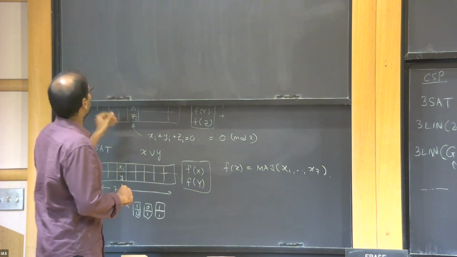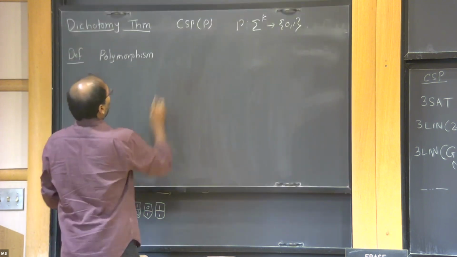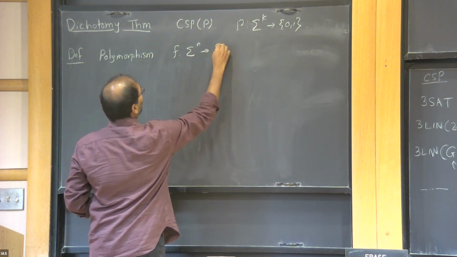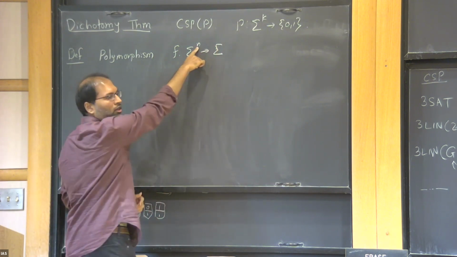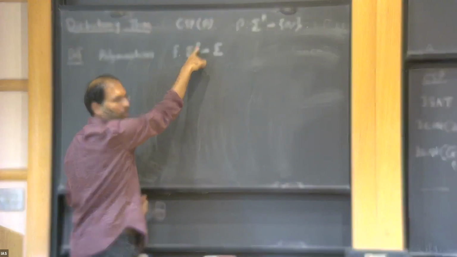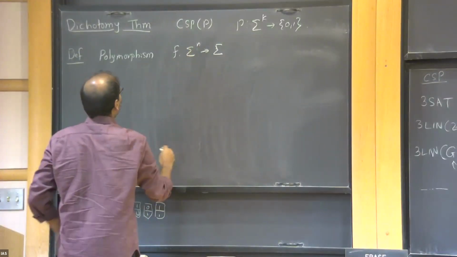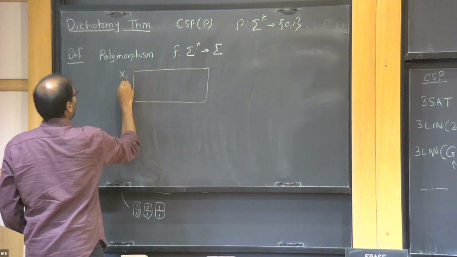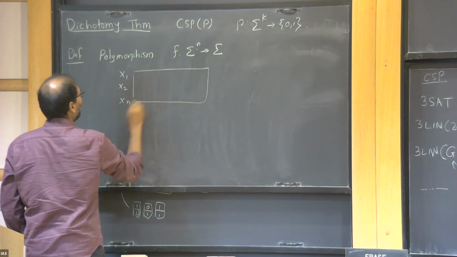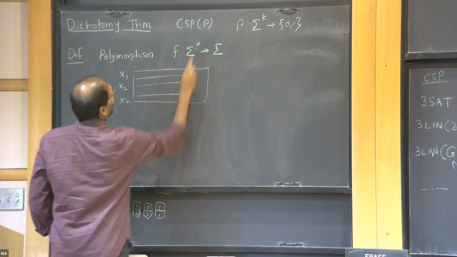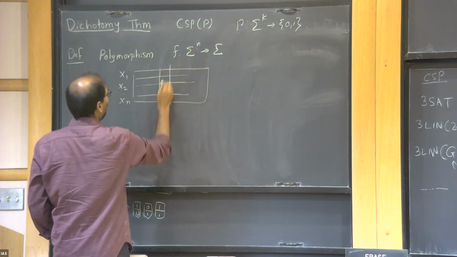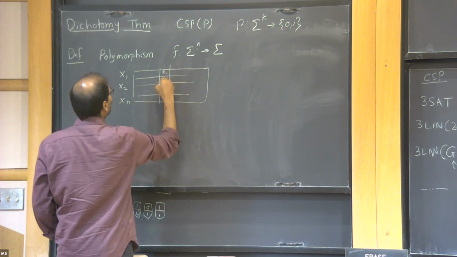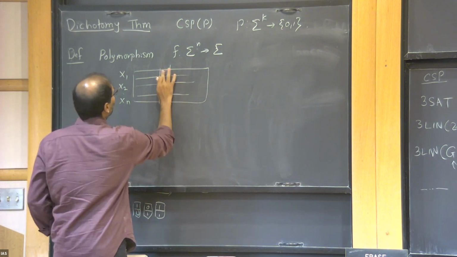So that's it. Polymorphism, formally, is a function f from sigma to the n to sigma. And this n is thought of as another constant. This is not referring to the input size, which is more standard in computer science. The definition is as follows: if you construct a k cross n matrix, k is the arity of the predicate, such that every column, let's call these capital X1 through capital Xn.